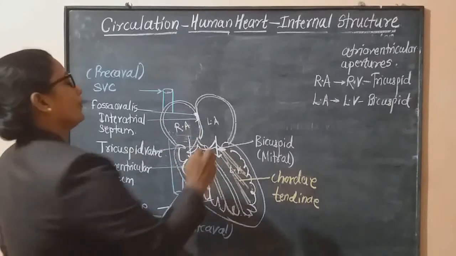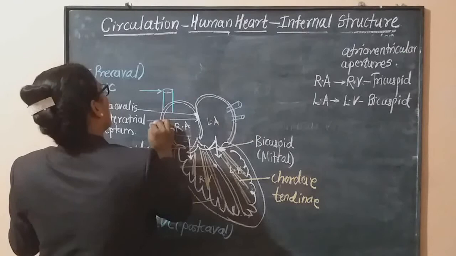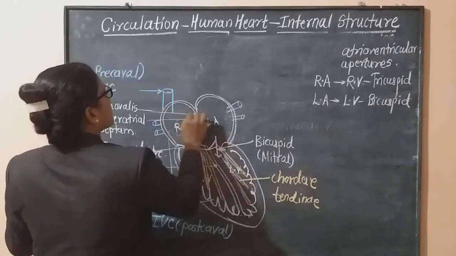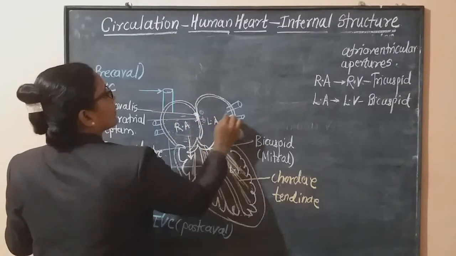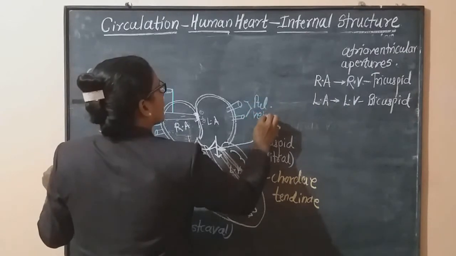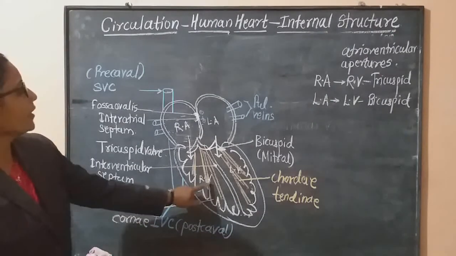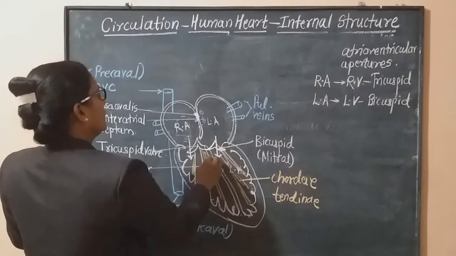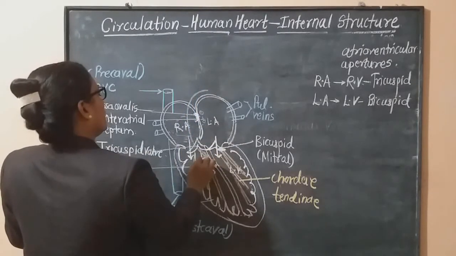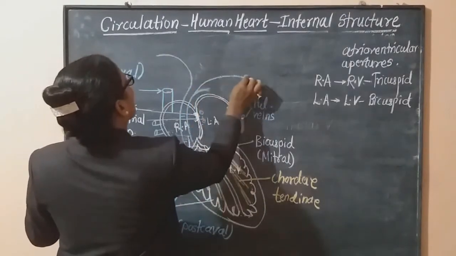Now into this left atrium, four pulmonary veins open, two from here and two from the dorsal surface. These are the pulmonary veins, and no valves are present here. Now from the right ventricle a blood vessel arises, which is called the pulmonary aorta.